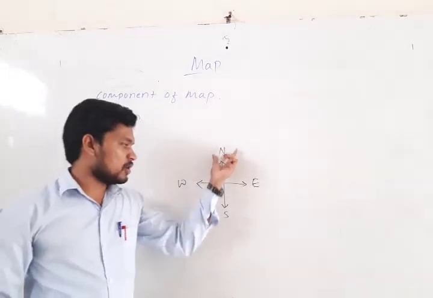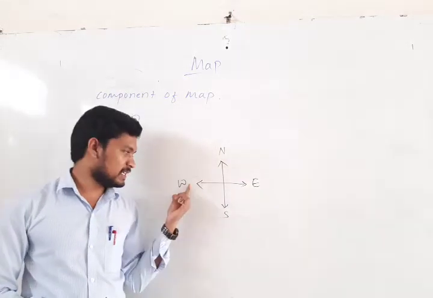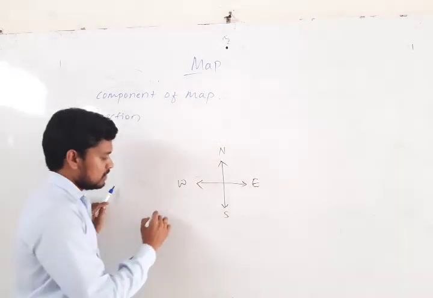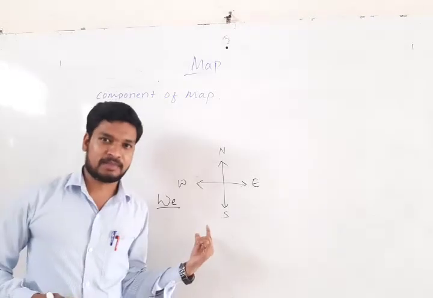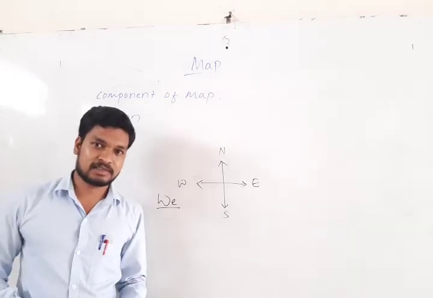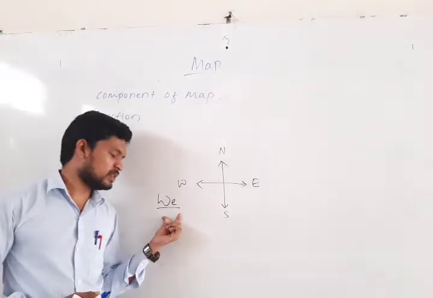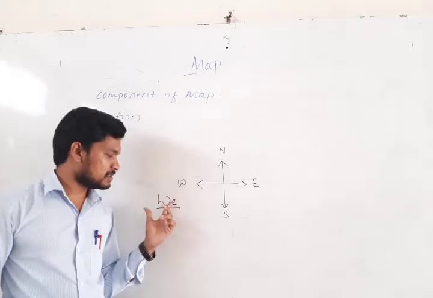In north and south you may not get a problem, but you will get a problem with west and east. To remember that, it's very easy. We. West, east. That's it.